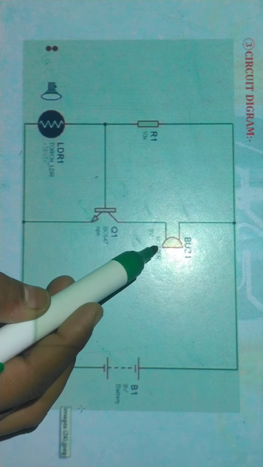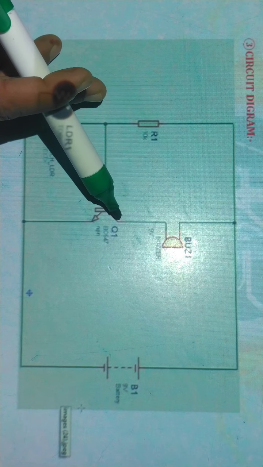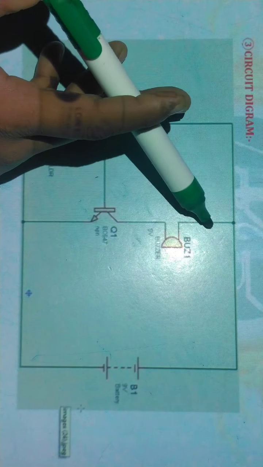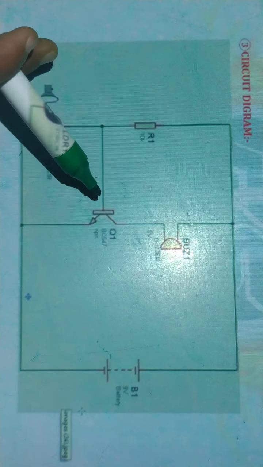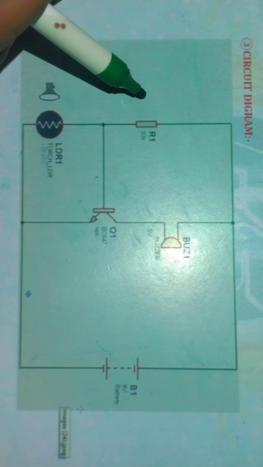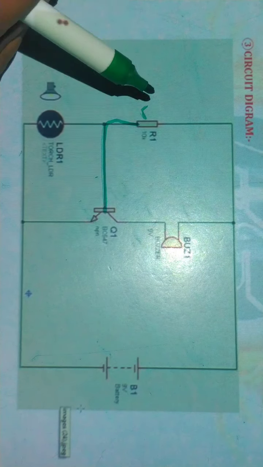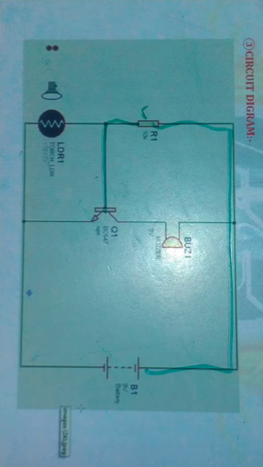The negative terminal of the buzzer is connected to the collector of the BC547 transistor, and the positive terminal of the buzzer is connected to the positive terminal of the battery. Clear? One end of the 10k ohm resistance is connected to the base of the BC547 transistor, and the second end is connected to the battery positive terminal.